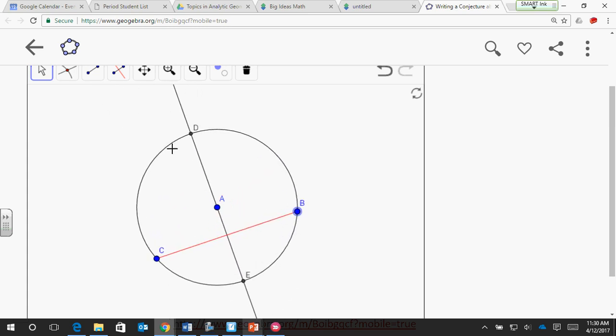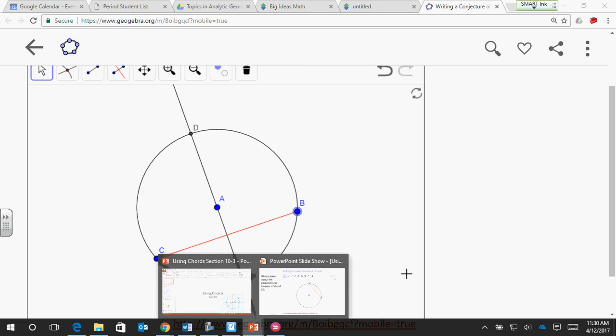What special chord is DE? Segment DE. A diameter, and it's going to make a semicircle. Exactly. So ED is a diameter, and that diameter is the perpendicular bisector of the other chord. Okay, so that's one quick investigation.